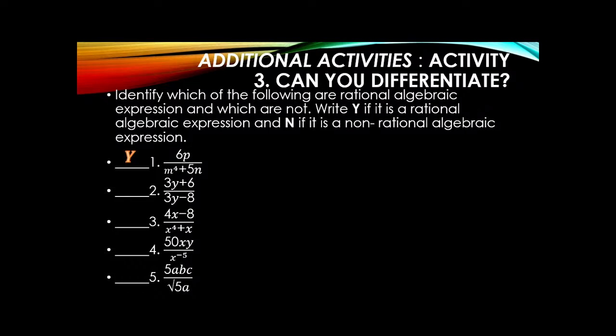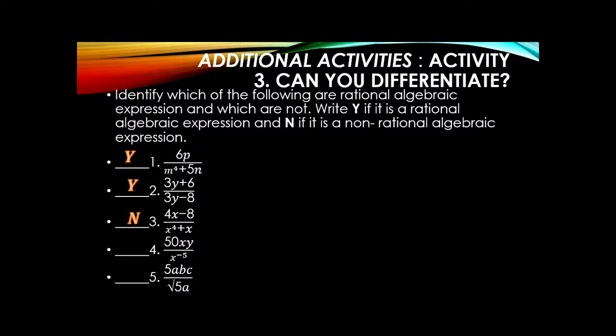Number 2, 3y plus 6 all over 3y minus 8. Rational or not? The answer is rational. Number 3, 4x minus 8 all over x raised to the power of 4 plus x. Okay, that is rational.